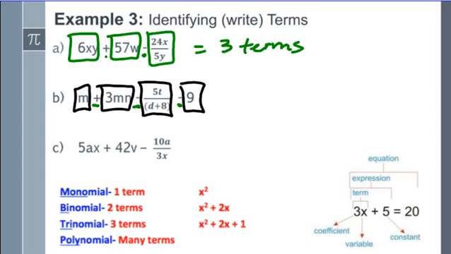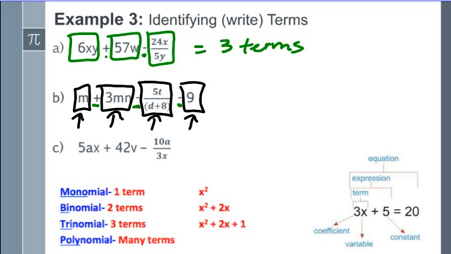I have four terms in this example, and I put boxes around each one. So if they ask you to identify it, you'd have to write m, 3mn, 5t divided by d plus 8, and 9. That would be your four terms.